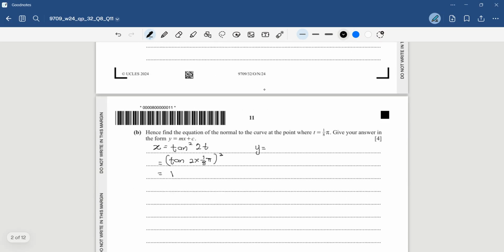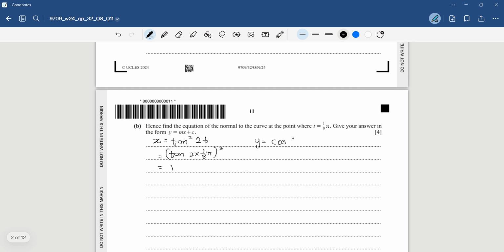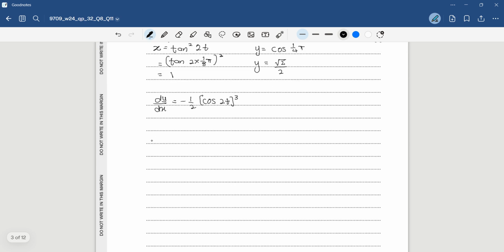You can press your calculator, you will get x equals 1. For y, it is cos 2t, so cos of 1/4 pi. You can press your calculator, and y will be root 2 over 2. Therefore dy/dx will be negative 1 over 2 cos 2t to the power of 3, so 2 times 1/8 will be 1/4 pi cubed.